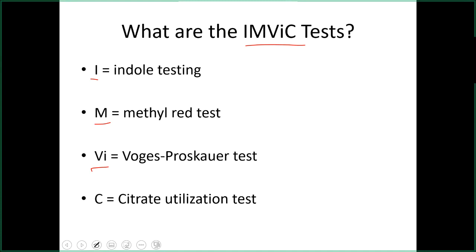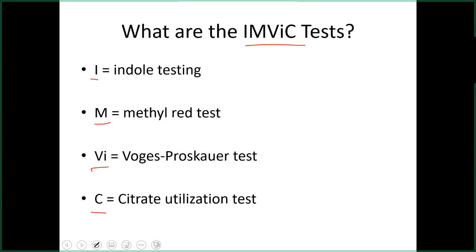It's always done in concert with methyl red testing. They go hand in hand. Organisms that are positive for the methyl red test typically are negative for Voges-Proskauer and vice versa. So we'll talk about what the Voges-Proskauer test is looking for. And then the C in IMViC stands for citrate utilization.